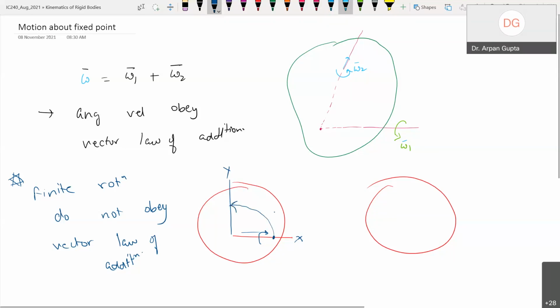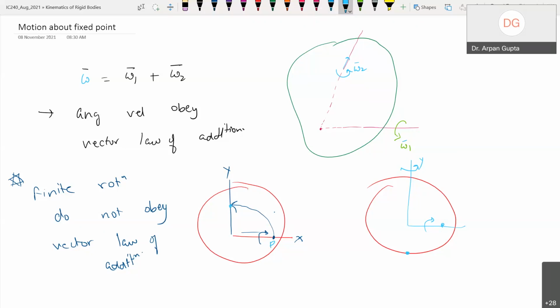But if I consider the same point P and first rotate it about y and then about x, again 90 degrees, it will be at a totally different location. If I first rotate by y, this point will go inside the page, and then if I rotate it about x, it will come somewhere here. So in one configuration it comes here, and in another configuration it comes here.